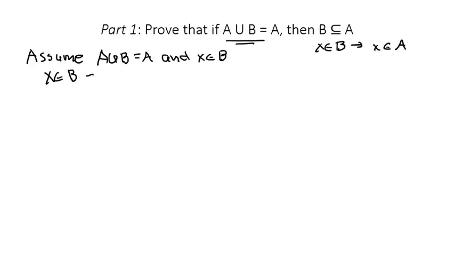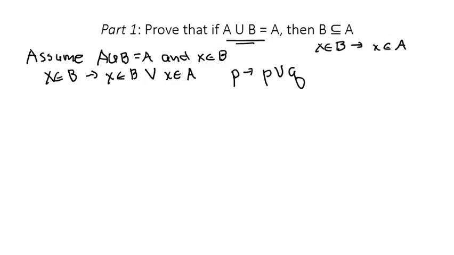So if X is an element of B, what that implies, and I'm going to apply a logical equivalence here, is that X is an element of B or X is an element of A. That uses the logical equivalence that P implies P or Q. In other words, if we know P is true, then P or anything we want to say is true.